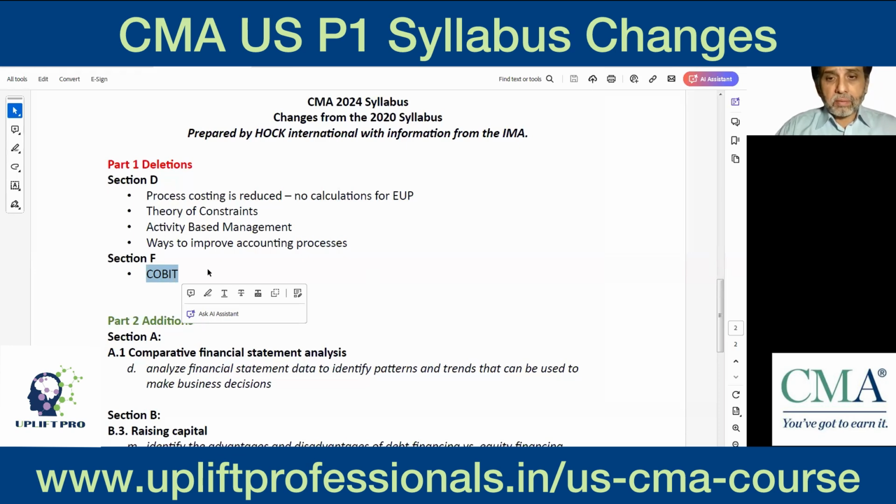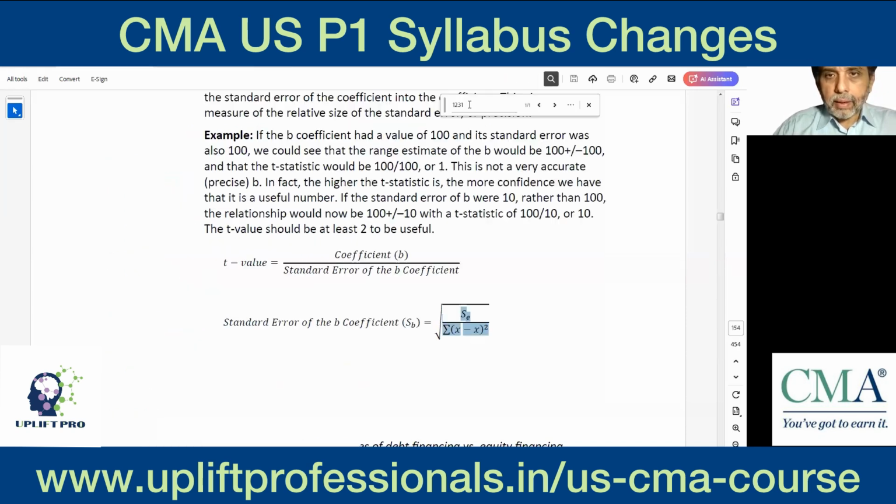But let me tell you one thing very strange here. When I go to the text and I type theory of constraints, because it's supposed to be gone, right? Let's see if it is there.